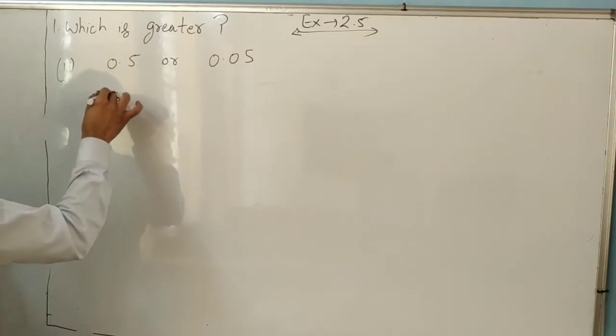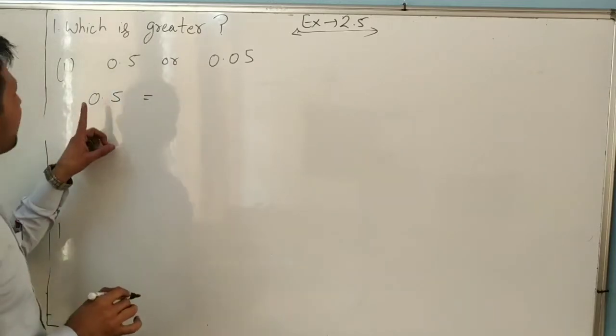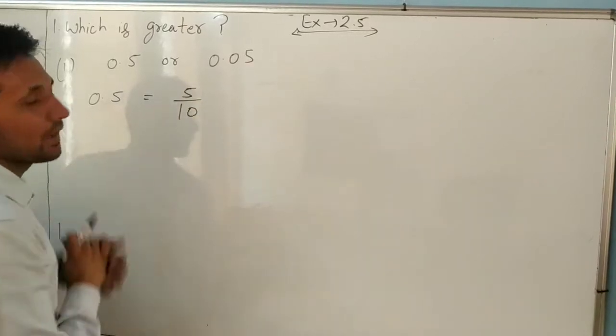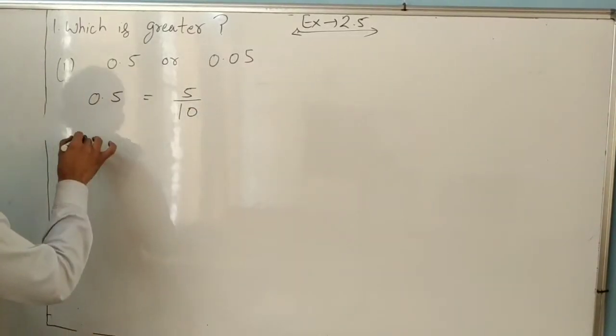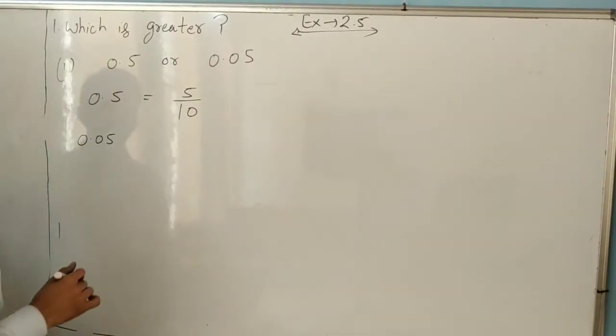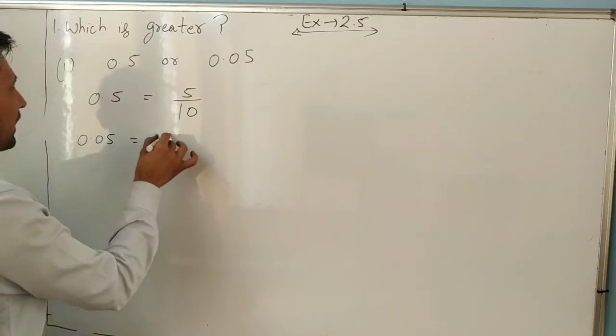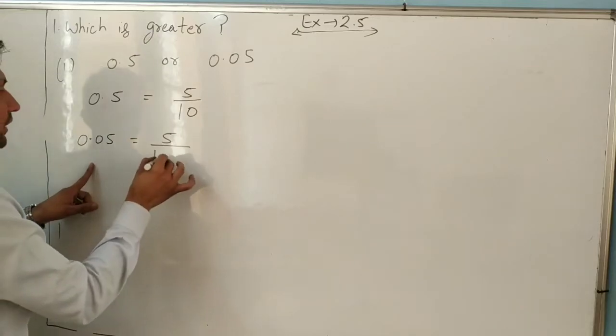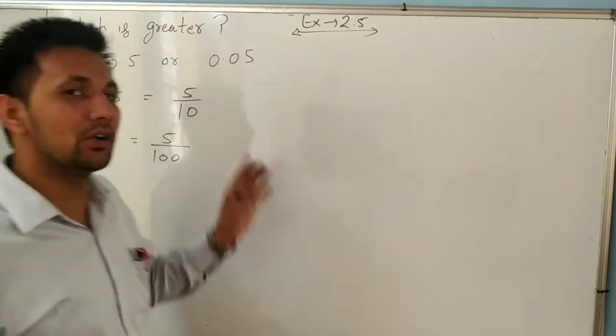First we will remove their decimals. 0.5, after the decimal how many digits? 1. So how many 0s in the denominator? 5 upon 10. Next, 0.05: so 5, and after the decimal how many digits? 2. It is 100.